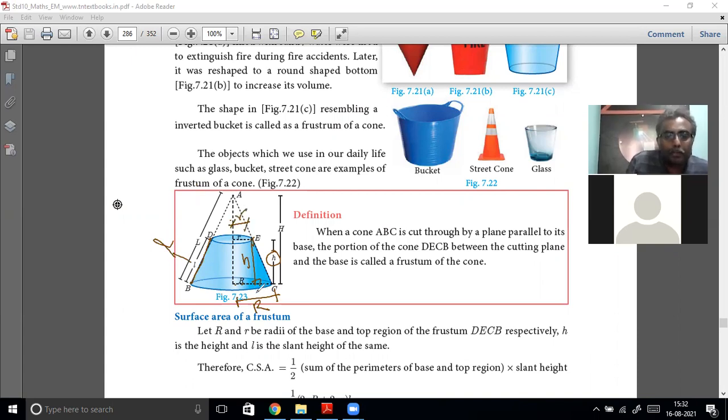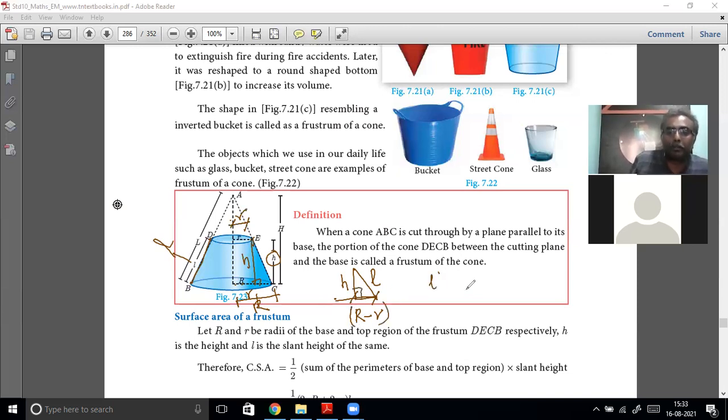So in this triangle you are getting H, you are getting the slant height L, and from here to here you are getting big R minus small r. This distance is big R minus small r.